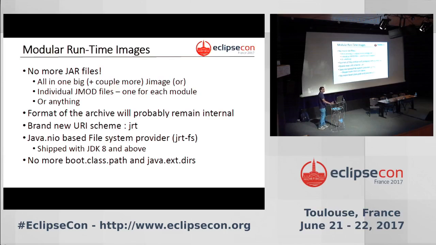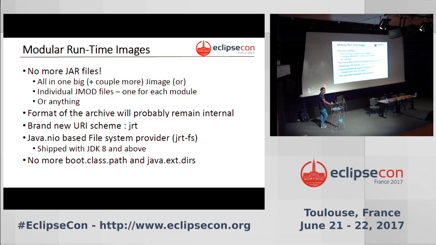The other important change is the modular runtime images. The biggest change is that we will not have jar files as part of the platform. If you have ever opened the JDK or JRE, you would have noticed that there are a bunch of jar files that contain the system libraries, like rt.jar, that contain all the basic system classes like Object, StringBuffer, and all that.